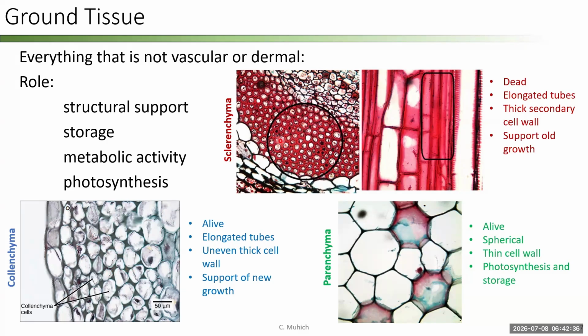As they further grow, and the plant continues to grow and needs a more rigid structure, these cells die off and form sclerenchyma cells. So unlike the collenchyma cells, these cells are actually no longer alive. So they're no longer actively respiring or undergoing photosynthesis.